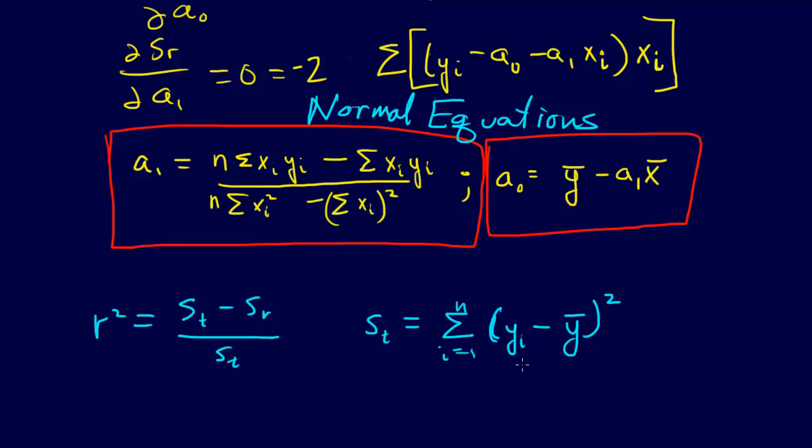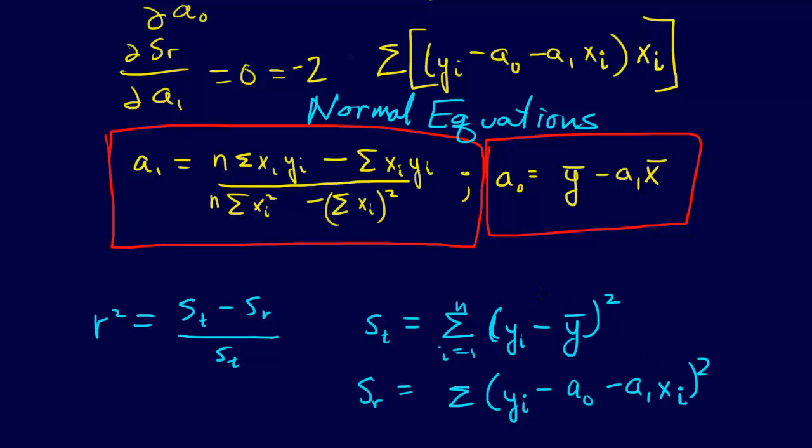Okay, so that's St, and of course Sr, just as you saw there, Sr equals the sum of (yi minus a naught minus a1 xi) squared.